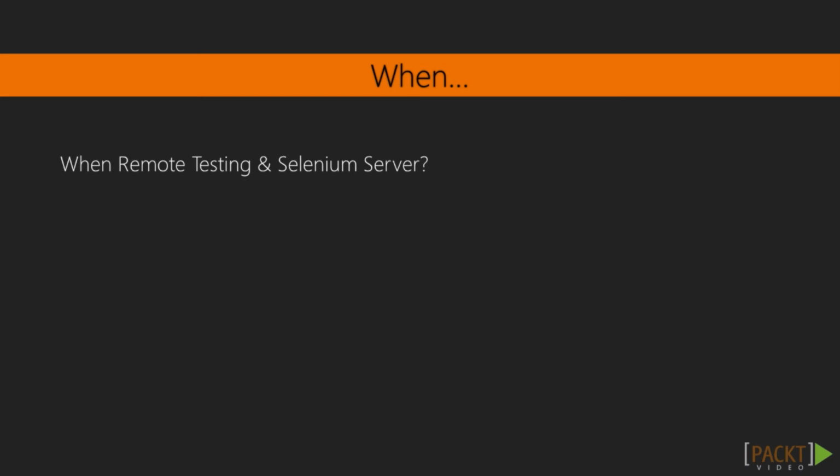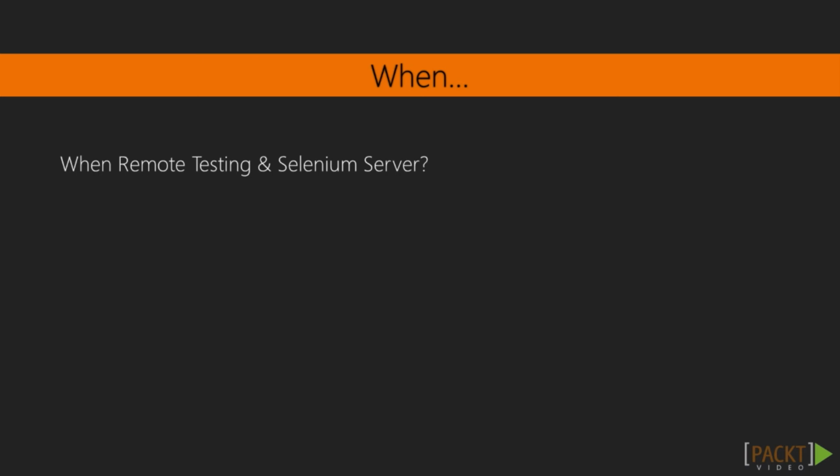You might have to verify whether the specific bug has been fixed on Safari on OS X, but you're using Windows as your development environment. In such a case, remote cross-browser testing would be necessary and will help you verify the bug on Safari on OS X. Selenium Server can have many slaves that it will direct the execution to.